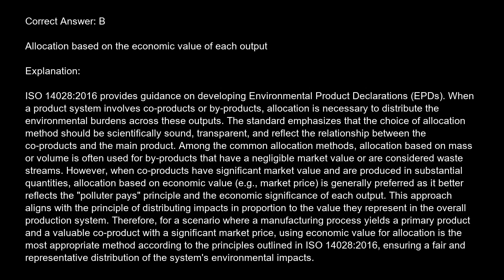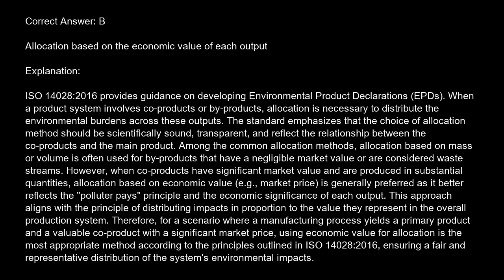Among the common allocation methods, allocation based on mass or volume is often used for byproducts that have a negligible market value or are considered waste streams. However, when co-products have significant market value and are produced in substantial quantities, allocation based on economic value, e.g., market price, is generally preferred as it better reflects the polluter pays principle and the economic significance of each output.